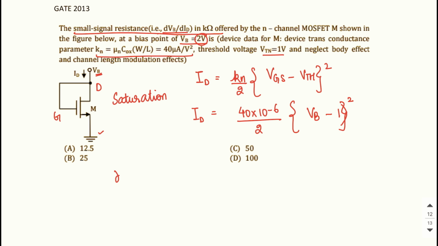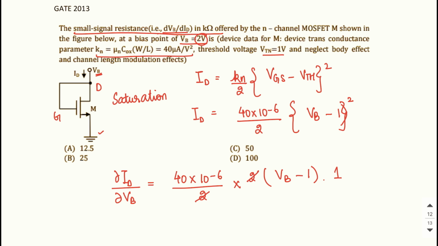We need to first differentiate this equation with respect to VB in order to find the small signal resistance. So when we do this, this is a constant, it remains the same, 40 into 10 power minus 6 divided by 2, and then we are taking the derivative. This is VB minus 1 dot with the derivative of VB with respect to VB, that would be 1 itself.